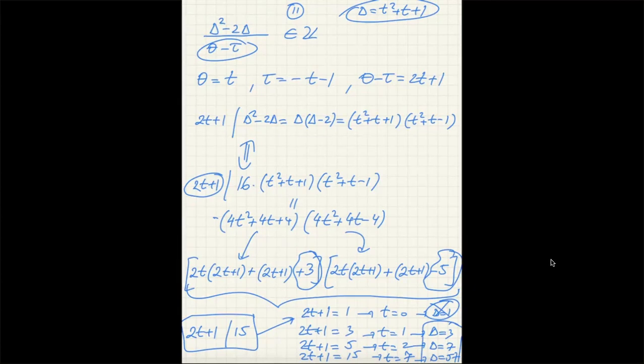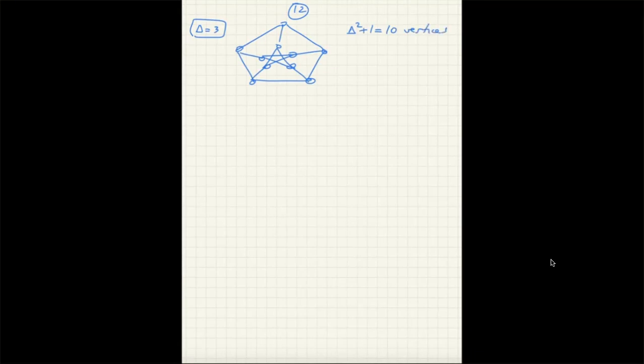Now, what happens in each of these cases? So for delta equals 3, this is a result, so one has to prove it, but the Petersen graph is the only graph that attains equality. So the Petersen graph is unique and it has delta squared plus 1, 10 vertices, and diameter 2.